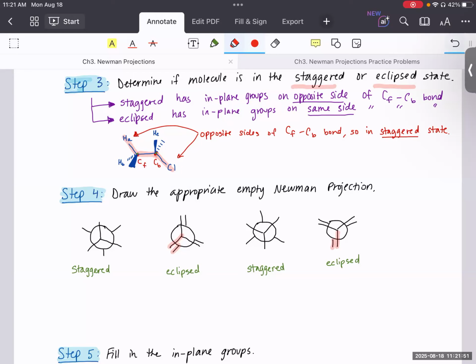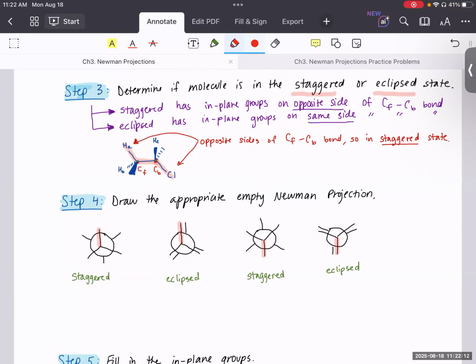with each other. The next difference between these is dependent on whether that first line from the front carbon is pointed up or down. So I'll highlight those here. In the first two, that bond is pointed up, while in those second two, that bond is pointed down. And so to determine which one is appropriate, we have to look at our skeletal structure.